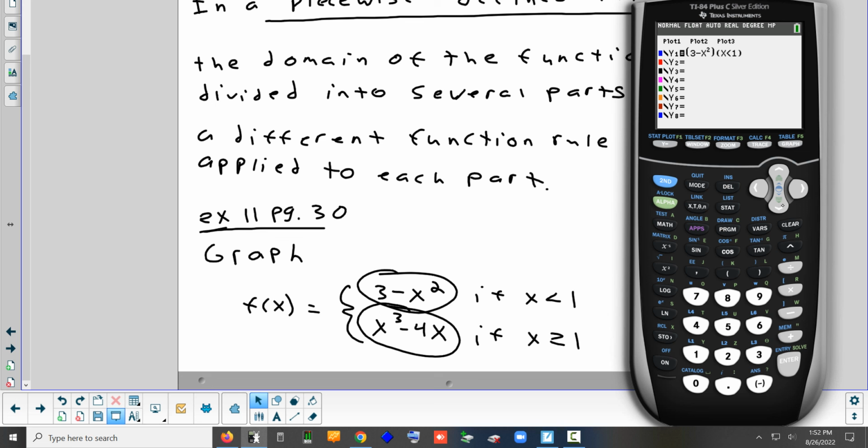Now on Y2, do the same thing. In parentheses, type in x cubed minus 4x. And next to it, put the condition when you want to draw that one. That's when x, second math, greater than or equal to is number 4.